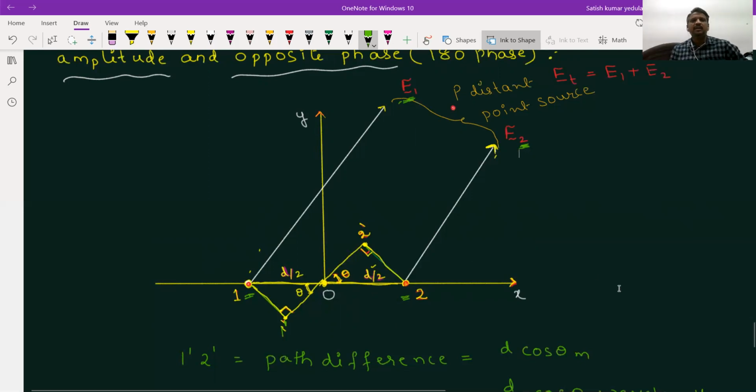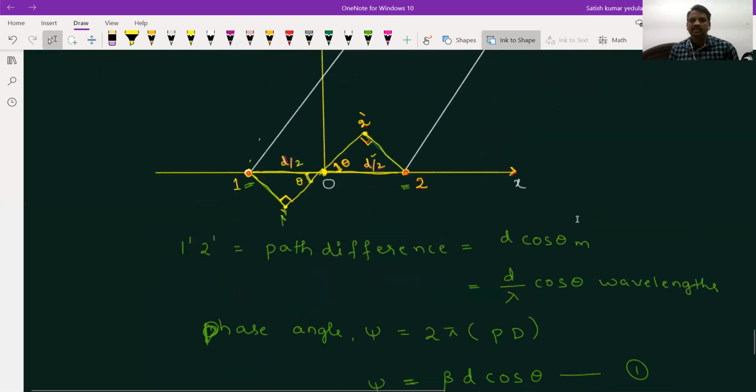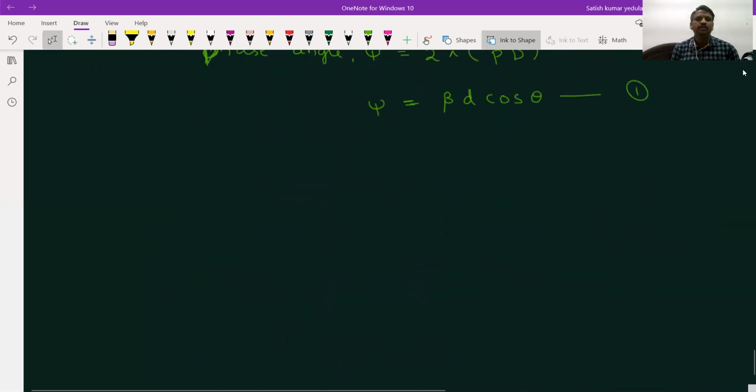But what is the exact meaning of both the antenna array elements being of opposite phase? Let us first see what is E1 and what is E2.